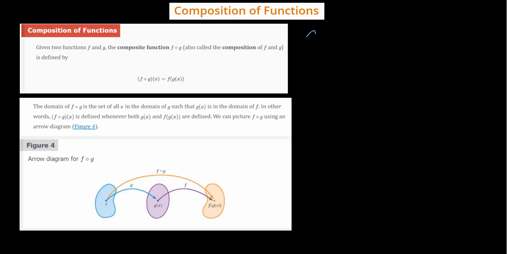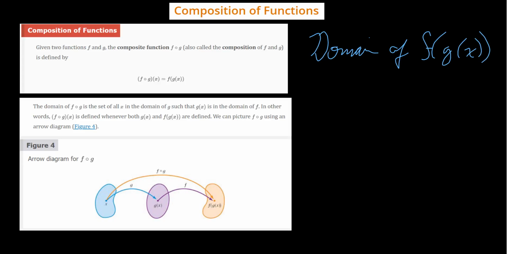The domain, this is something you want to write down. The domain of f of g of x will be the domain of f. Sorry, let's do it this way.